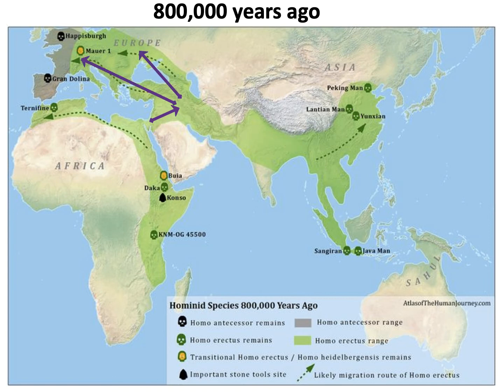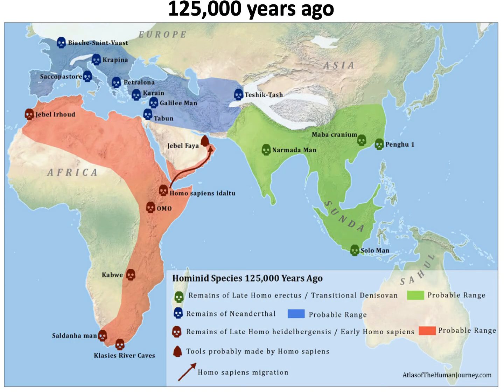And a different species, antecessor, was also found in Western Europe, but then went extinct shortly thereafter. About 200,000 years ago, there was this new species, Homo sapiens, that emerged out of the Homo heidelbergensis line, and Neanderthals also did.